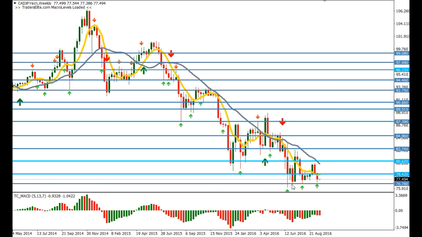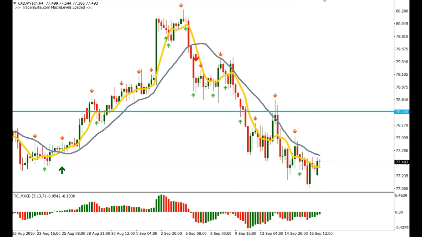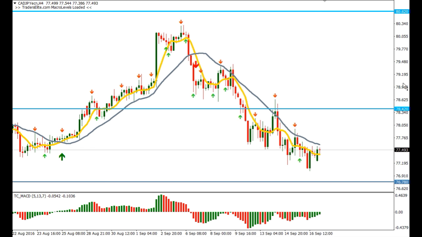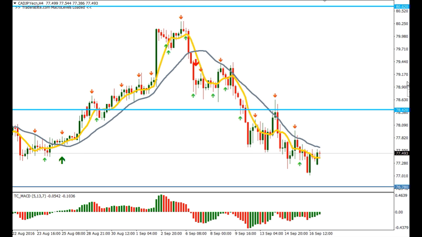So you can see that this pair has been reacting quite strongly off this macro level. So at this stage, I would be letting this downward fall continue and possibly looking at a macro level trade or a price hook trade or combination of both at this point.